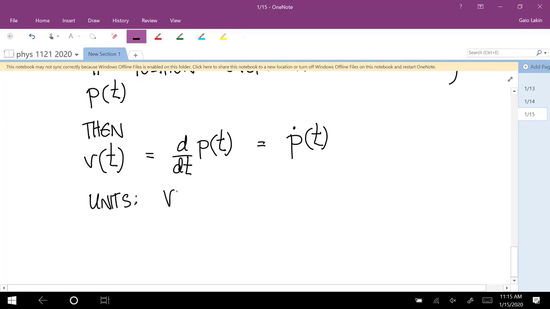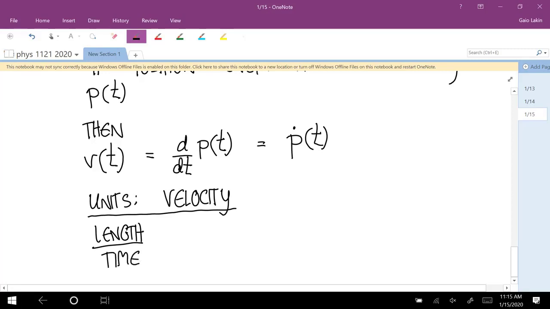The units of velocity are length over time. And so that means that in SI units, it's meters per second.